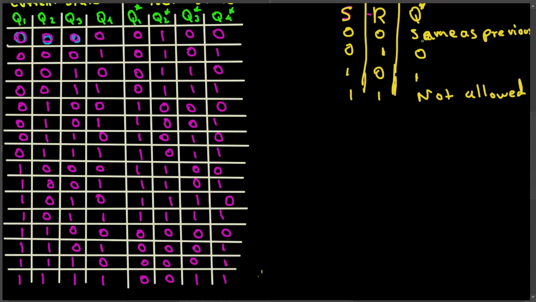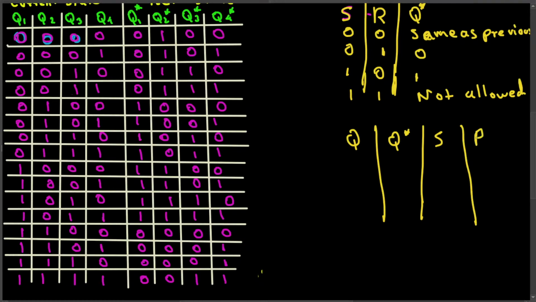Now from this one, we have to analyze Q next state and how the SR flip-flop behaves based on that. So I'm going to put that table here: Q, next state, and then S and the R. Okay, so from this one, if I want the Q next state to be 0, what should I have?